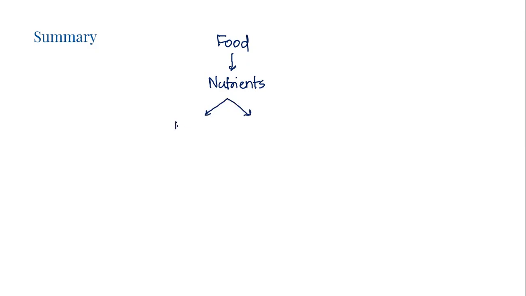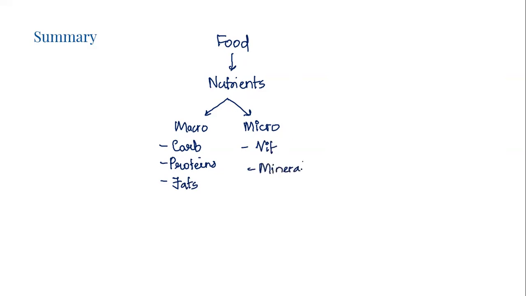Nutrients can be classified as macronutrients and micronutrients. Macronutrients are carbohydrates, proteins, and fats, and the micronutrients are the vitamins and the minerals.